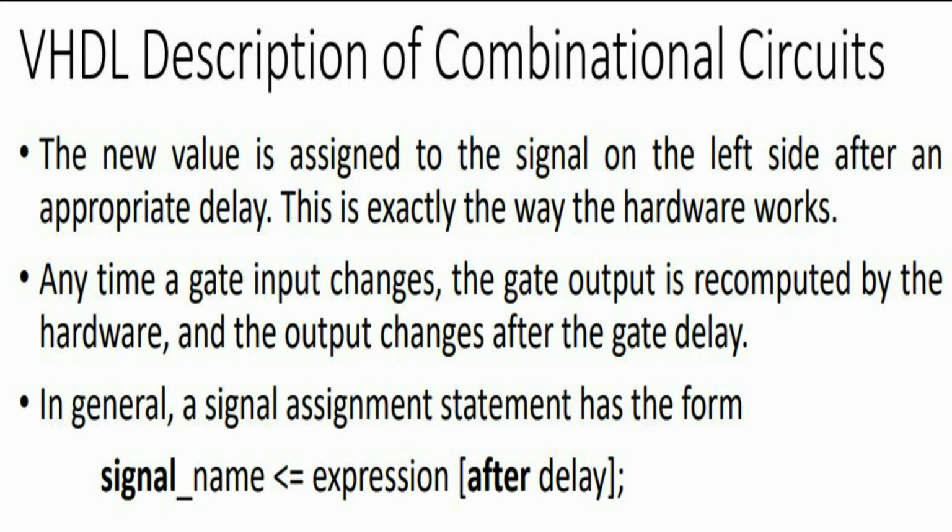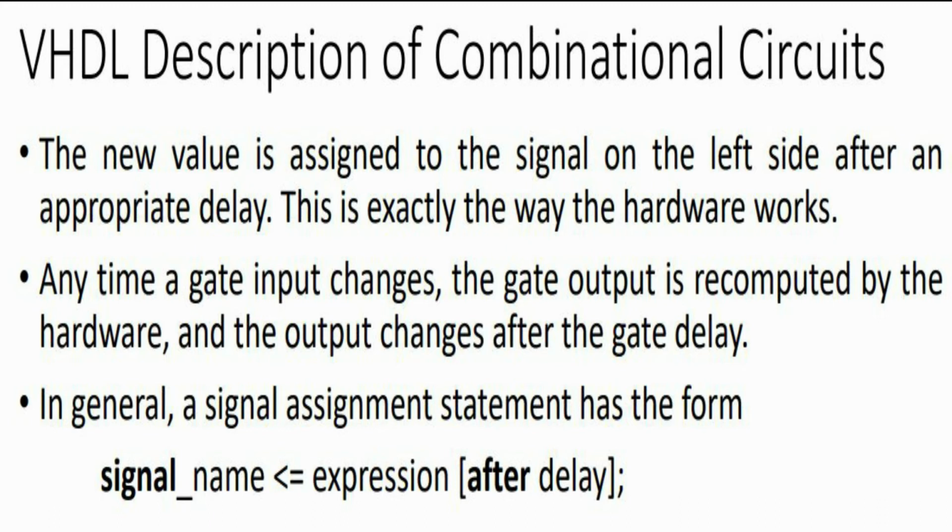In general, a signal assignment statement has the form signal underscore name, then the assignment operator less than or equal to, expression, and in the square brackets you have the delay. This is optional.